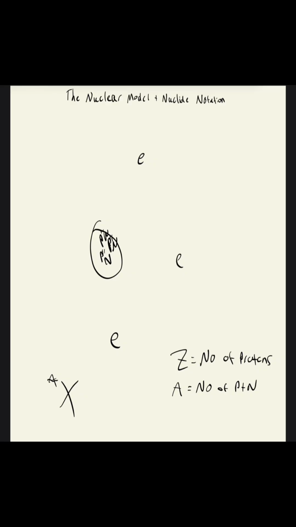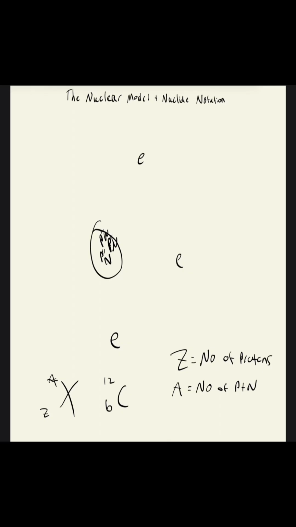And then we also have the atomic number, Z, on the bottom left. And X is the element symbol. So for example, if we look at carbon 12, it'll look like this. It has a mass number of 12 and an atomic number of 6, and the element symbol is C.